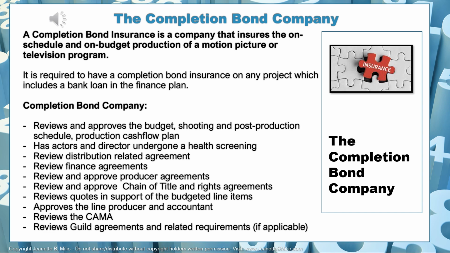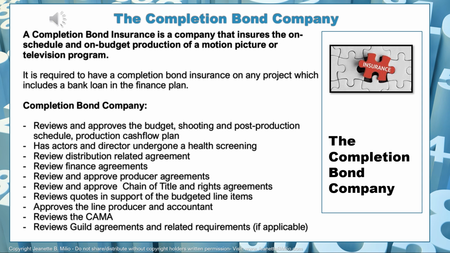It has the actors and director undergo a health screening. It reviews distribution-related agreements to look at the delivery elements. It also reviews finance agreements to understand if they are affecting any of the budgeted line items. It reviews and approves producer agreements, and it usually wants to hold back a certain portion of the producer fee.